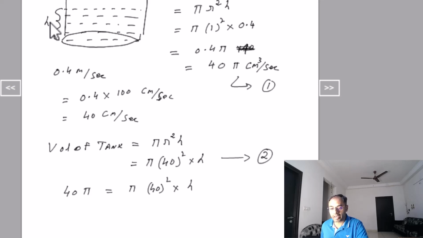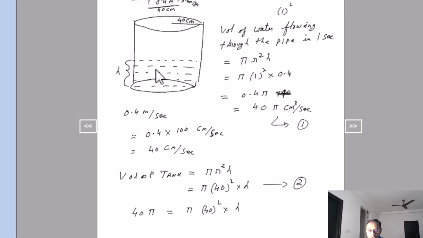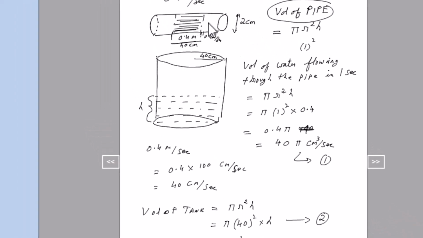So when we are saying height here, the height is actually in 30 minutes. So when we are saying height here, it actually means the height of water content in this tank that gets filled in 30 minutes. So 30 minutes is what this water flows through this pipe.